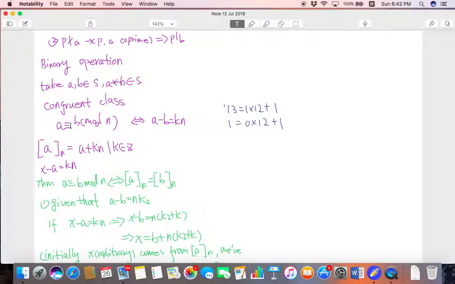It's called congruent. A is congruent to B modulo n if and only if A minus B is a multiple of n. This is the definition of congruence.